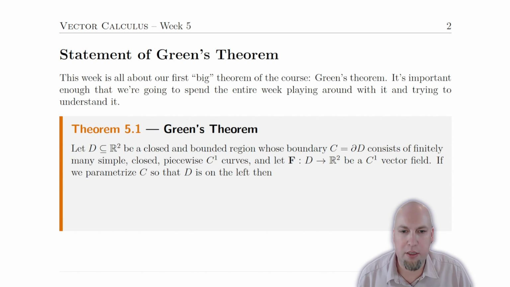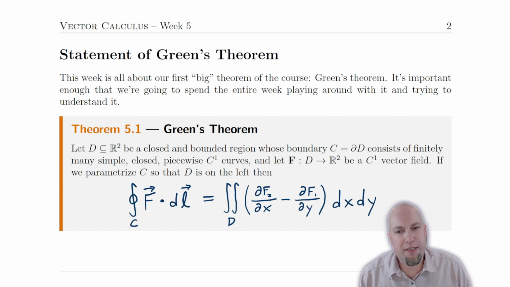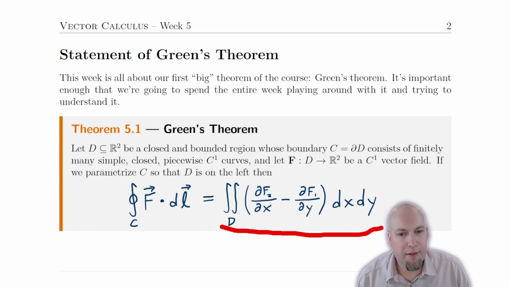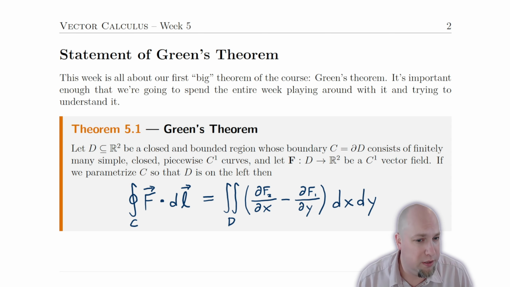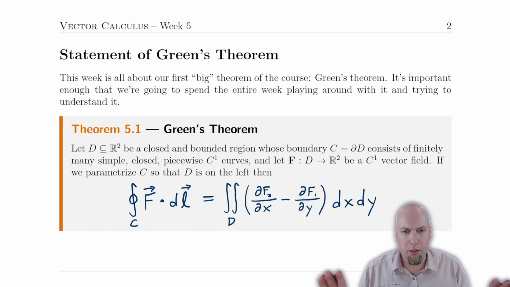If I walk along the curve in that way, then the vector line integral along that curve is equal to the double integral over the region of this function here, of the partial derivative of the second component of the vector field with respect to x, minus the partial derivative of the first component of the vector field with respect to y. Okay, so I realize that's a ridiculously big mouthful.